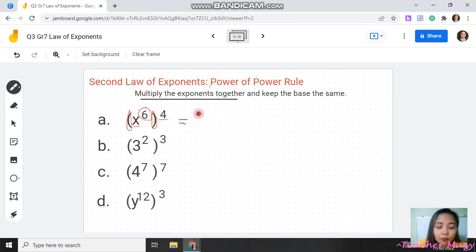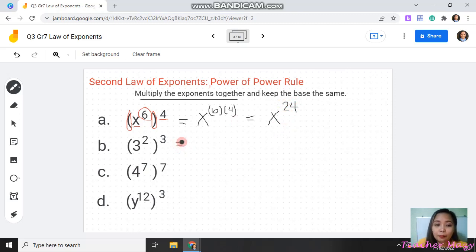So that is x, and then 6 times 4. Keep the base the same, so just copy the base and then multiply the exponents. 6 times 4 is 24. So the answer is x raised to 24.